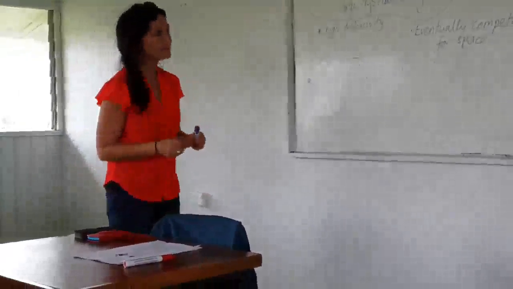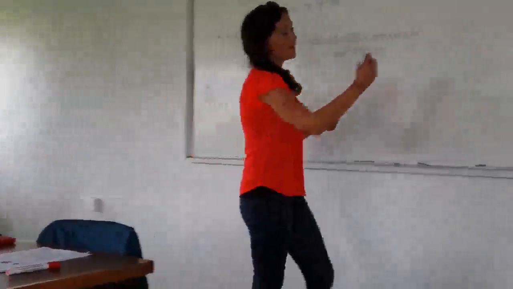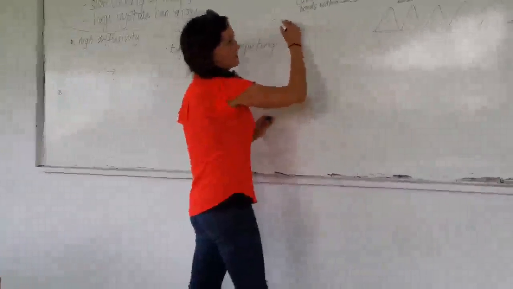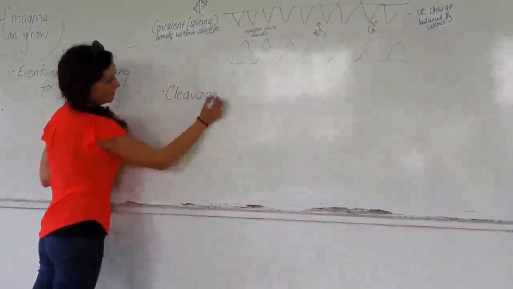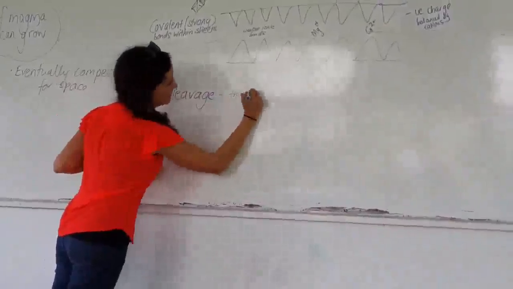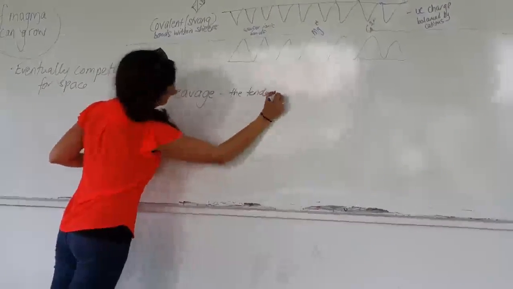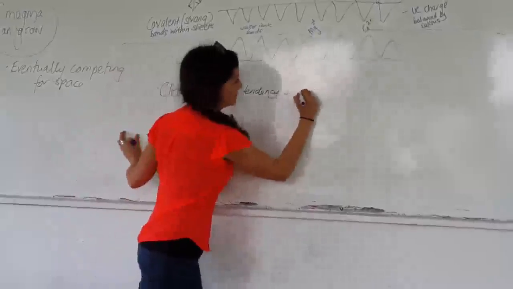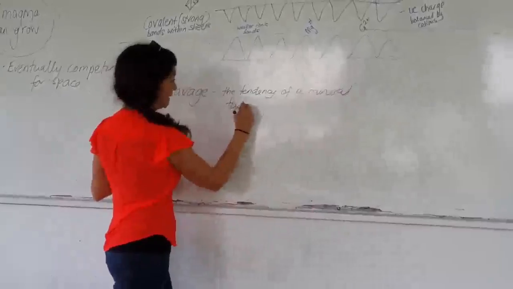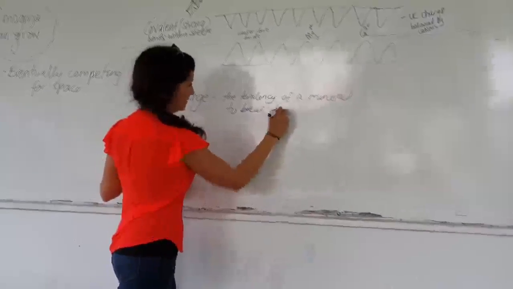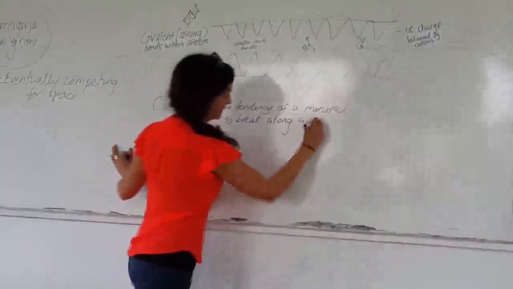And so when we talk about the physical properties of sheet silicates, they break apart quite easily into sheets, and we call this a cleavage plane. And a cleavage is the tendency of a mineral to break along a planar surface.